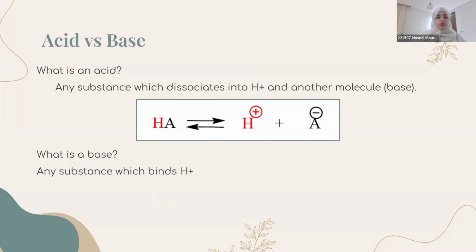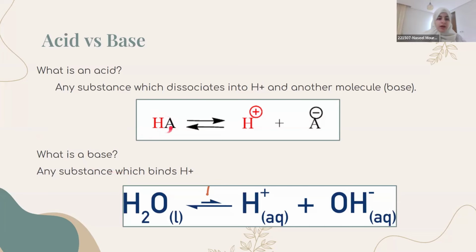Now these are formulas that show both an acid and a base. Over here, you have HA. This is the acid. Now what do you see? You see that the reaction goes, let's take it to the right. It dissociates into H plus and A minus. Now this A minus is also considered a base. Why? Because if you take the reaction in the opposite direction, to the left, this A minus will bind the H plus and produce a neutral molecule.